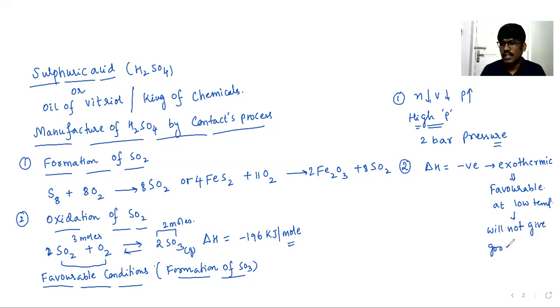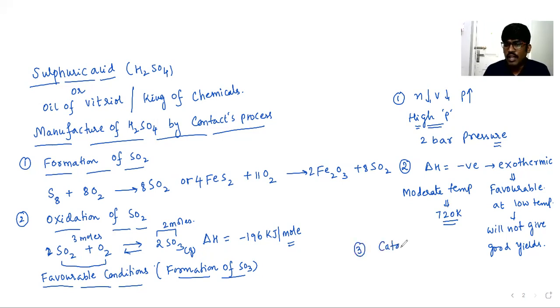As we have discussed, even in Haber's process, low temperature will not give good yields. Then we will apply a moderate temperature, around 720 Kelvin. And the rate of reaction should also be increased with the help of a catalyst.